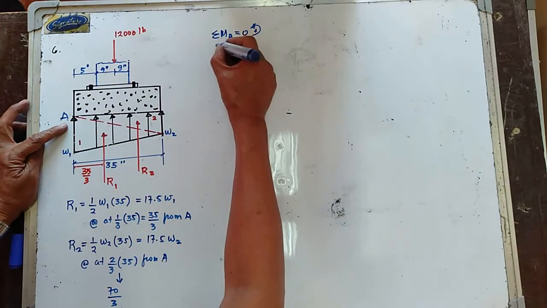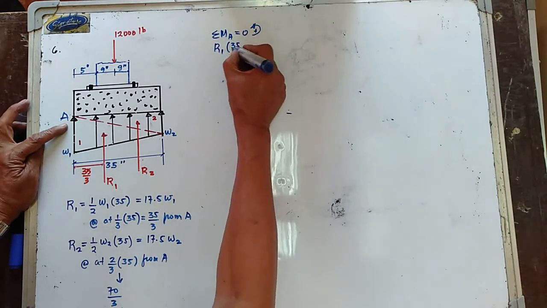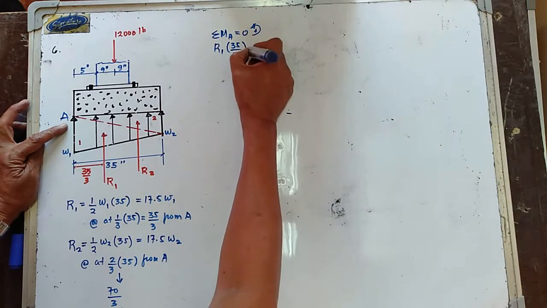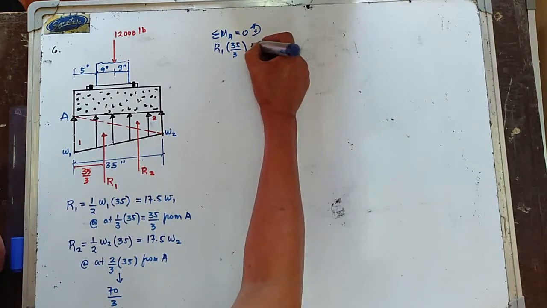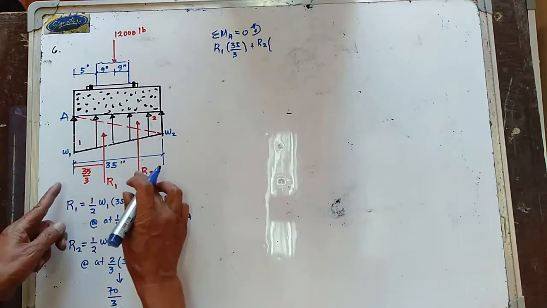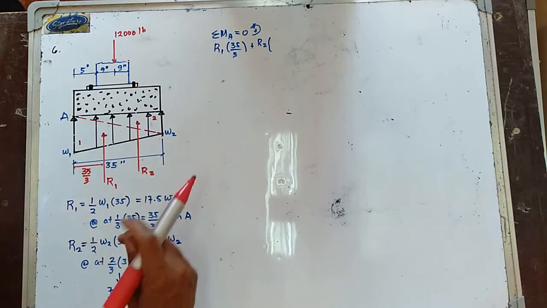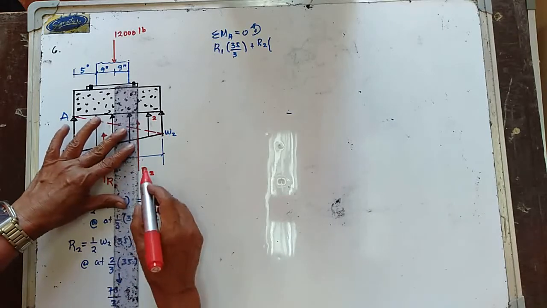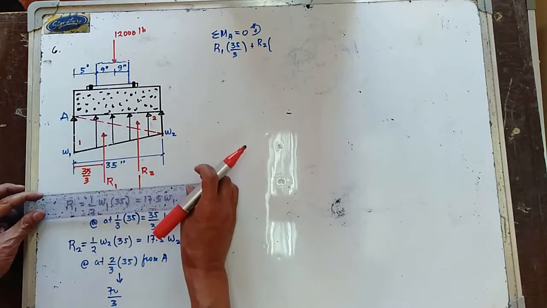R1 multiply this one by 35 all over 3, so this is the moment arm, plus R2 multiply this one by the moment arm, and the moment arm is 70 all over 3.